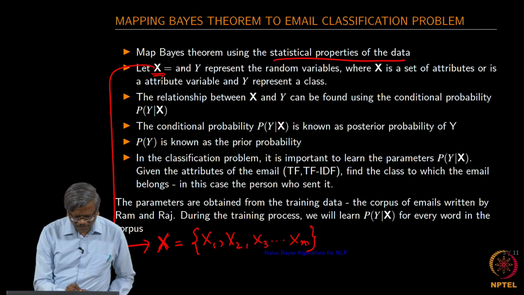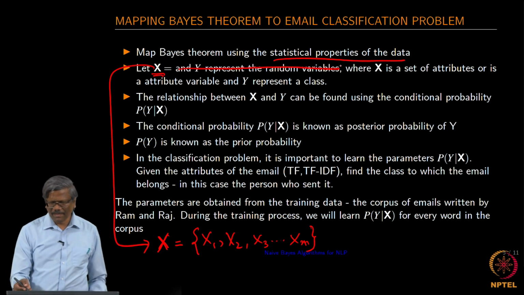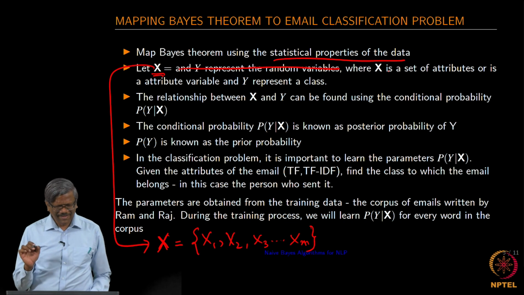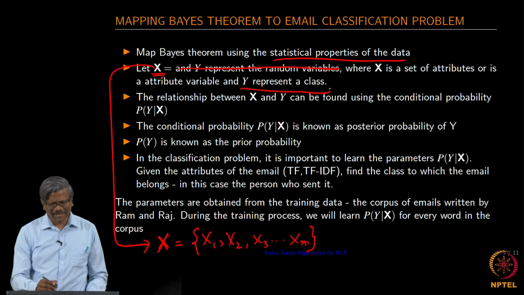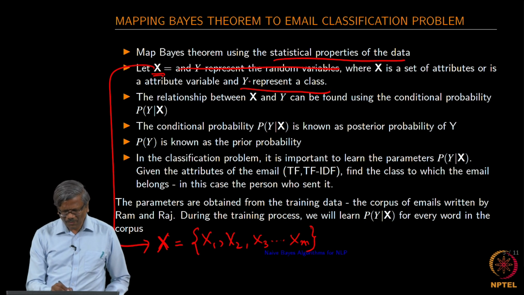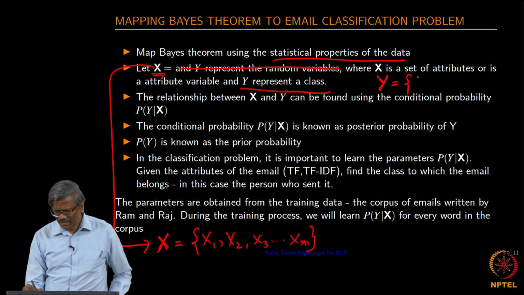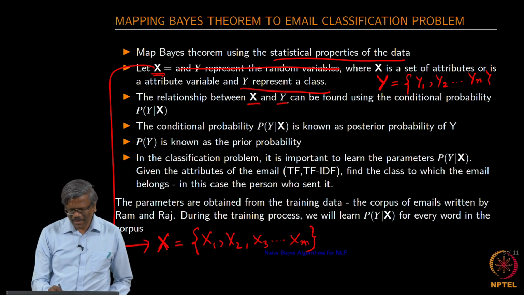Sorry, there is some error there. Let x be equal to a set of attributes, and y represent a class. Now it is only one class, so it can also be a capital Y containing multiple classes as well, right.